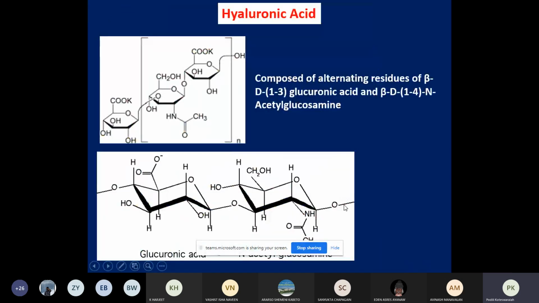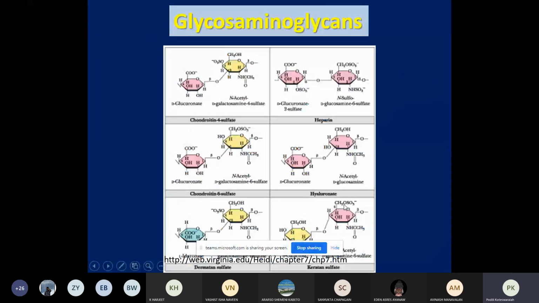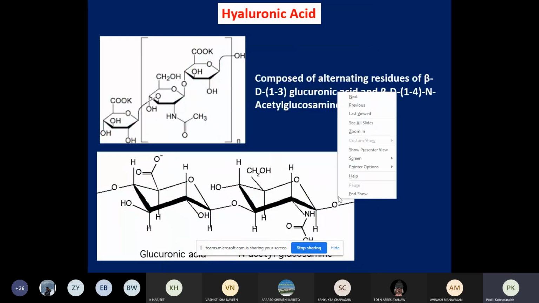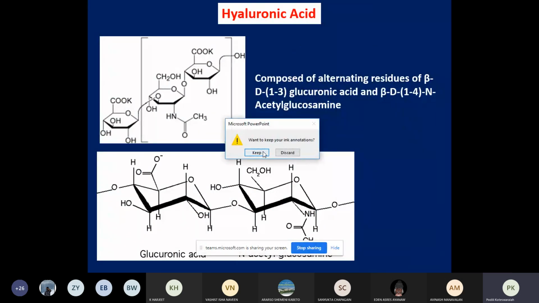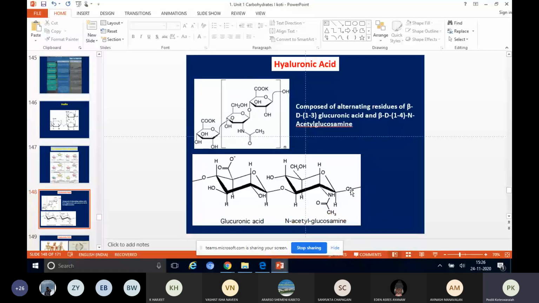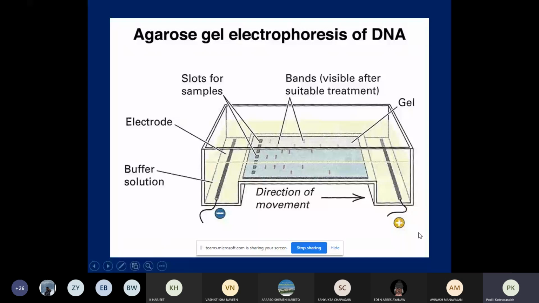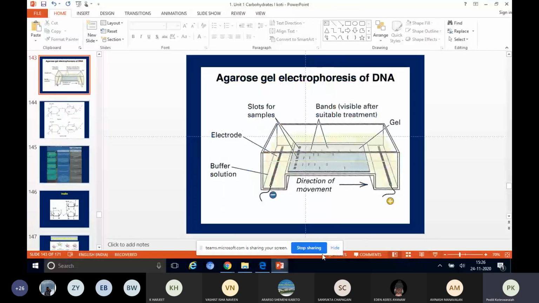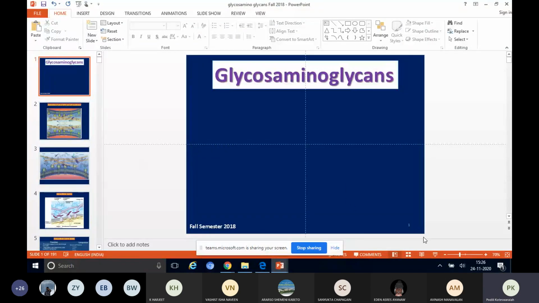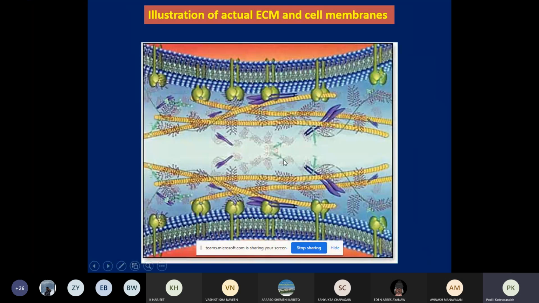And then we discussed glycosaminoglycans, and there we have highlighted that glycosaminoglycans are also known as GAGs, and these are complex sugars. We have already said that these glycosaminoglycans are mainly present in the extracellular space, that is the space between the cells.